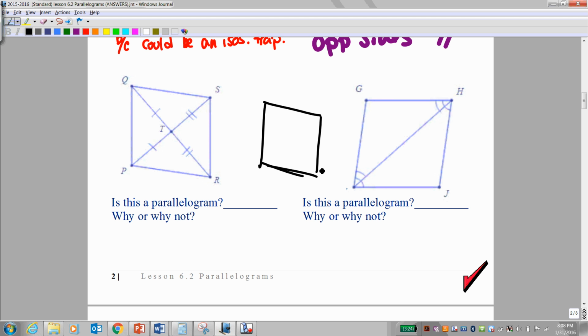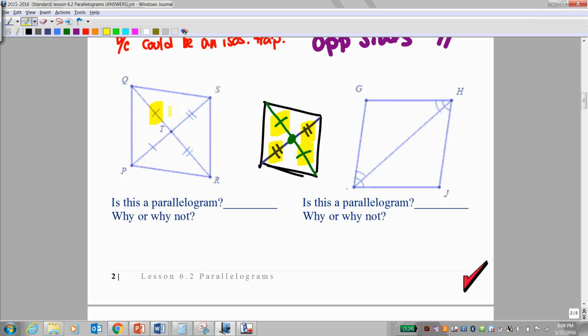If the diagonals actually did bisect each other, let's draw one diagonal blue and the other diagonal green. If the diagonals bisect each other, that means that point in the middle cuts the green in half, and that point in the middle cuts the blue in half. Notice how the hatch marks have to match on either side. That would mean the diagonals bisect each other.